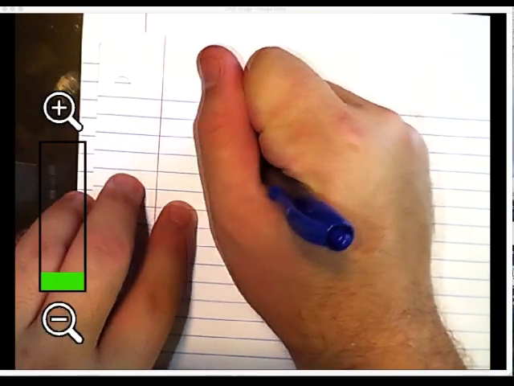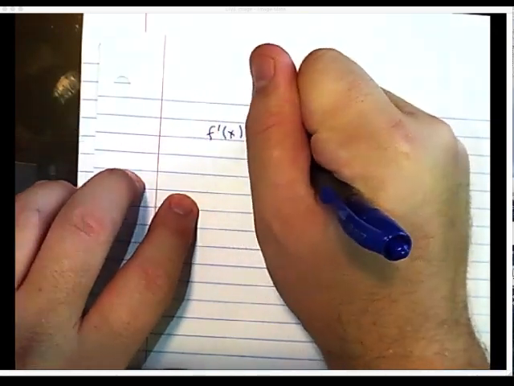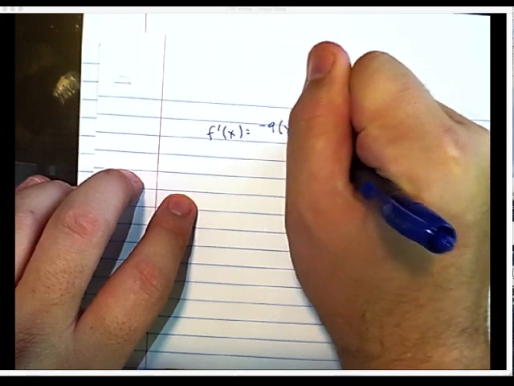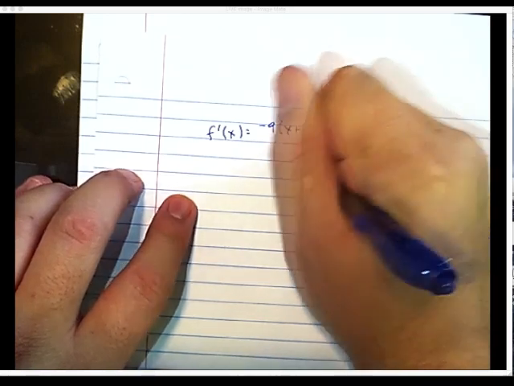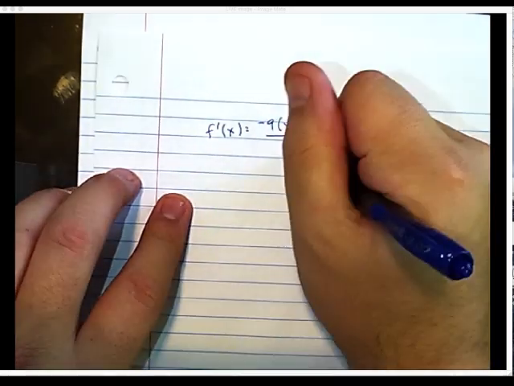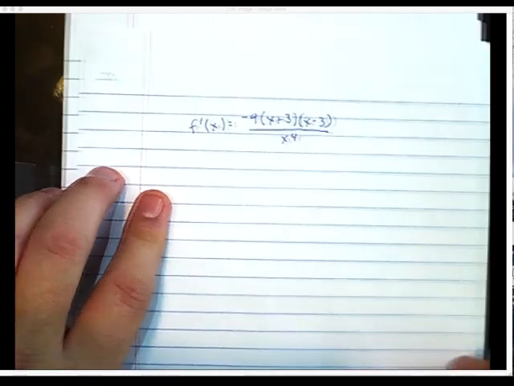So here's what I get for the derivative. f prime of x equals negative 9 times (x plus 3)(x minus 3) over x to the 4th. Okay.